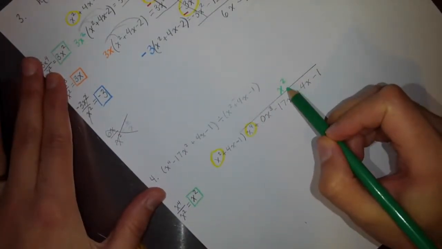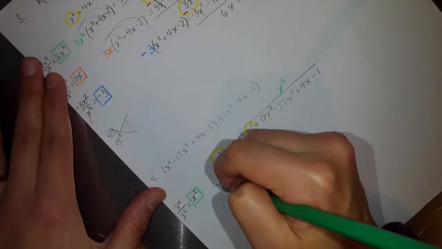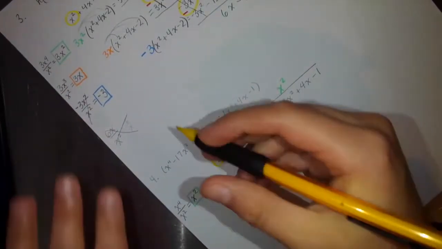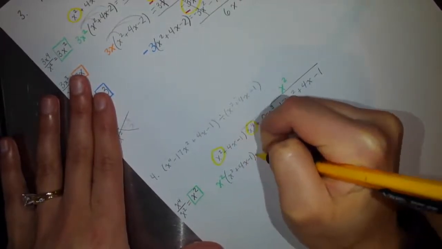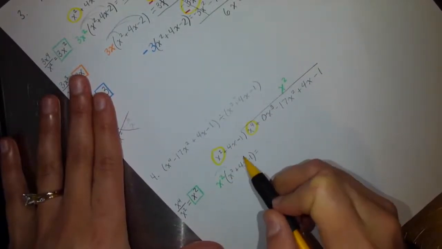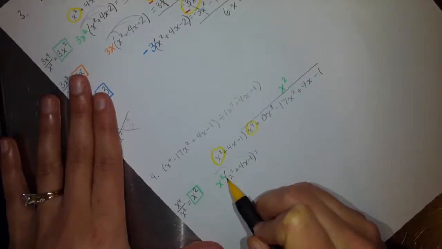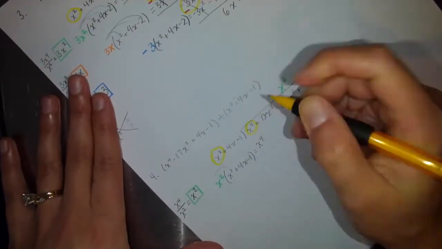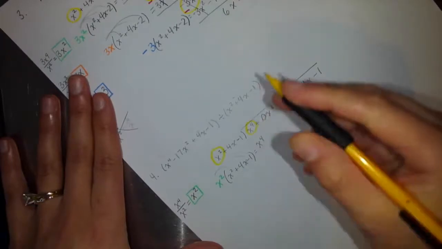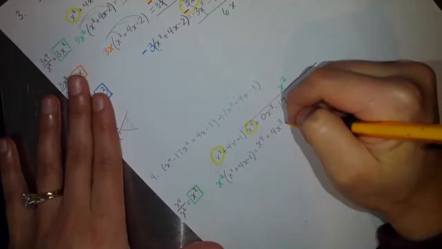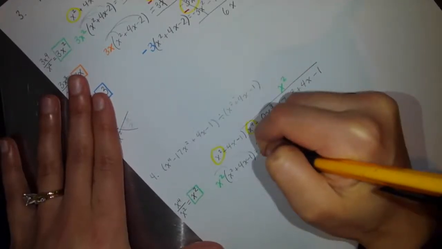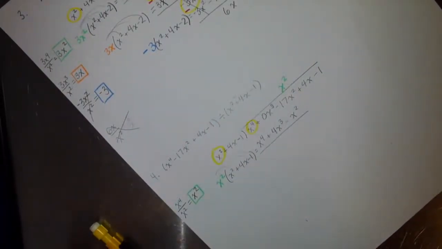Okay, so I'm going to multiply this by what I'm dividing by. This is x squared plus 4x minus 1. When we distribute, you add the exponents, so this will be x to the fourth. This will be 4x to the third, and then minus x squared. And then we subtract.